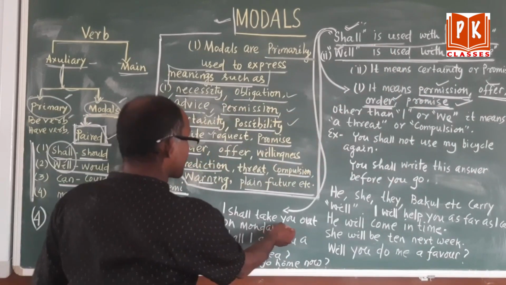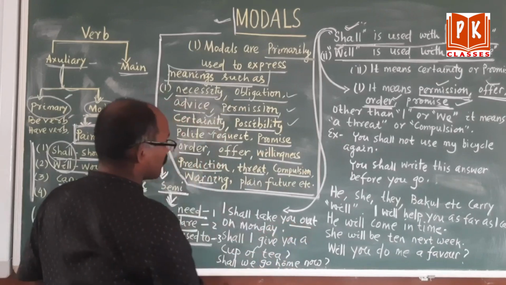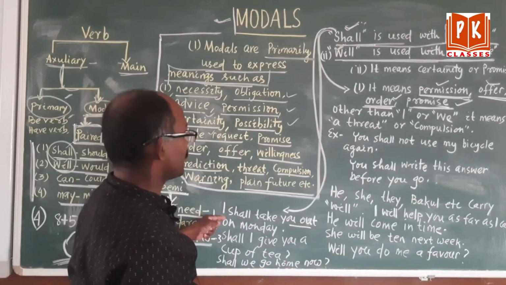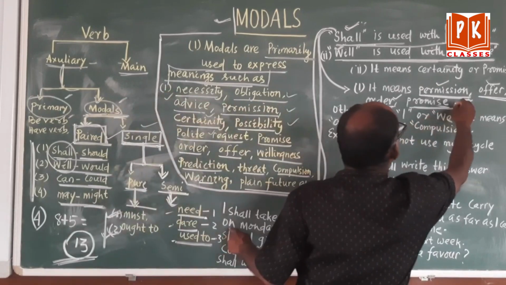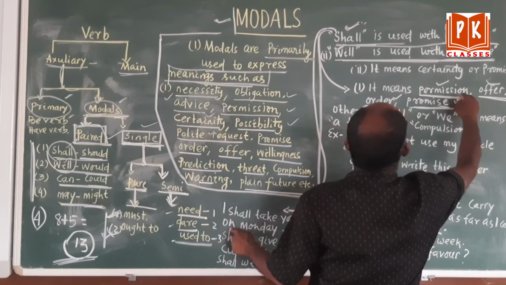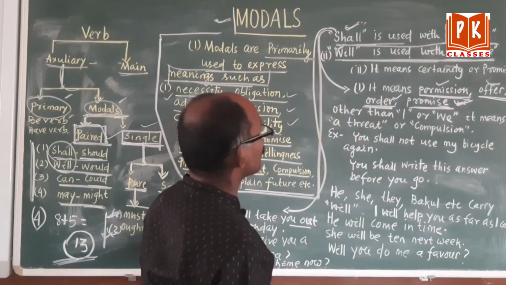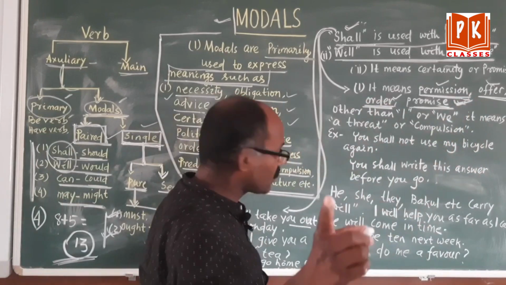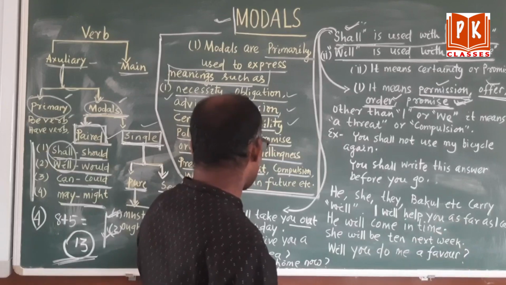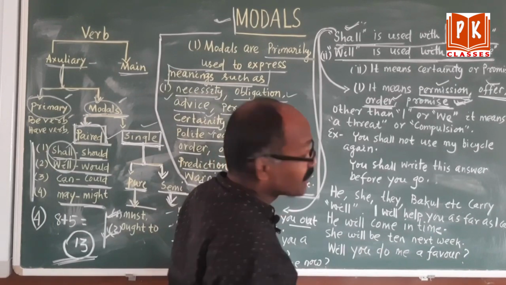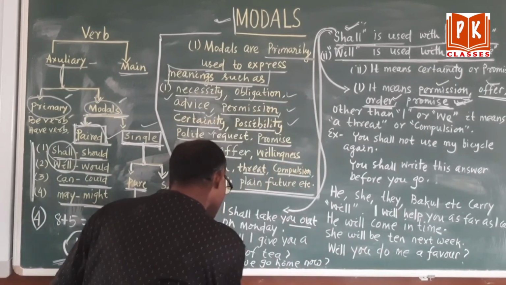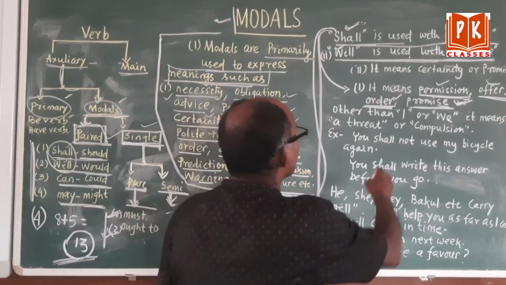Now, come to this one. I shall take you out on Monday. What is its meaning? That means here you are promising that I shall take you out on Monday. Okay? Shall I give you a cup of tea? That means here shall is used, but what does it mean?